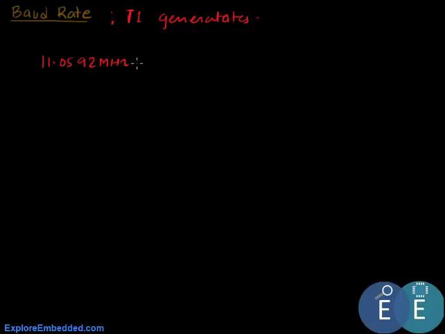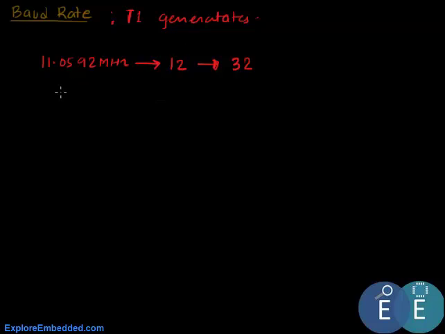The 8051 internally divides the crystal frequency by 12, and the UART unit, before it uses the frequency for the timer, divides it again by 32.